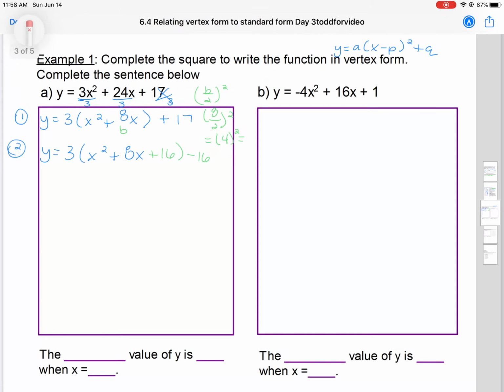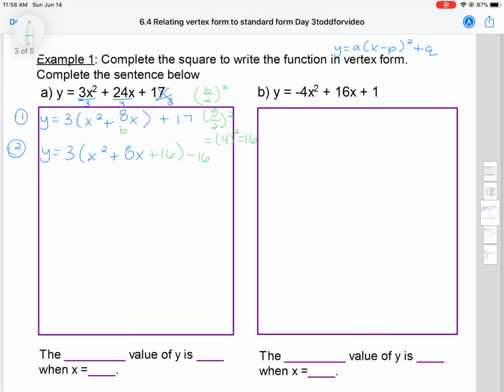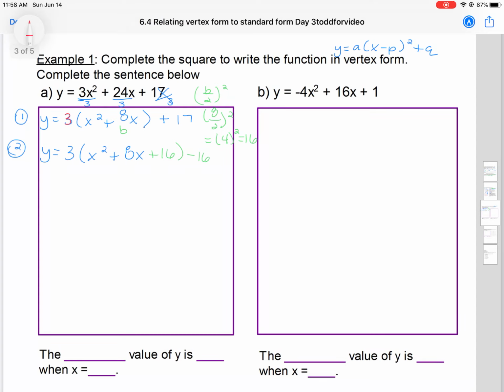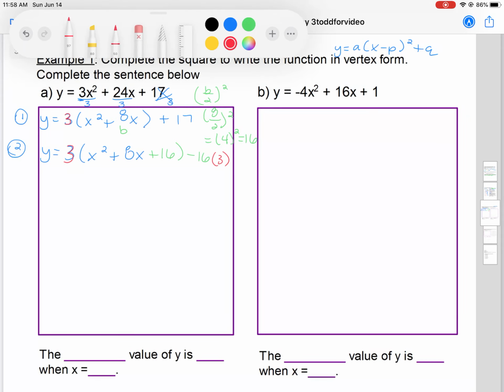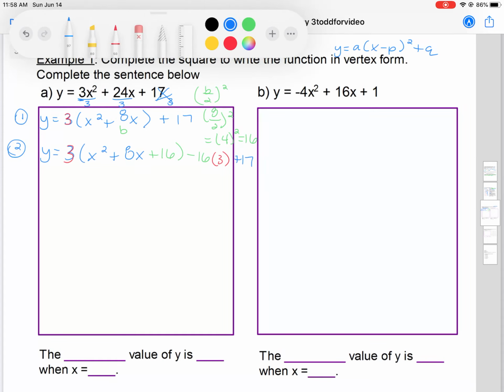I just forgot something. I'm just going to clean that up a little bit. You can do 4 and 5 sort of together. You can do this step here. So now you've got your trinomial, x squared plus 8x plus 16, and then the minus 16 that is outside that trinomial, you can put the times 3 right there. That is the distribution step.